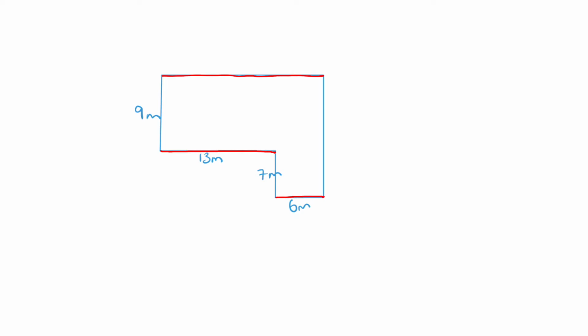And we can see that, let's say we just move the 6. So the 6 and the 13 together are the same as this distance all the way across here. So 13 add 6 is 19. And we're working in metres this time. Okay. And then looking at the lines that are vertical lines on the picture, the ones that go down the way, we've got that one at the left-hand side. Got this one here that's 7, and this one here that we don't know.